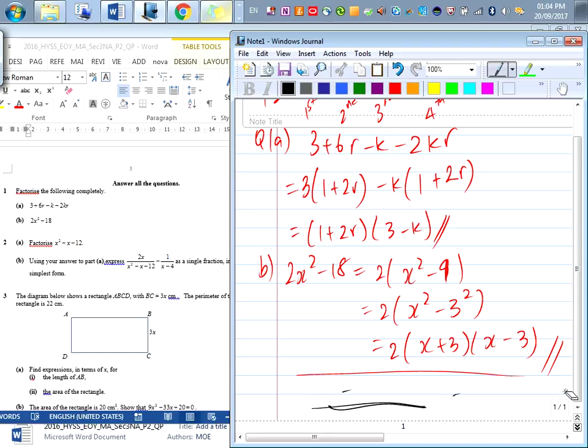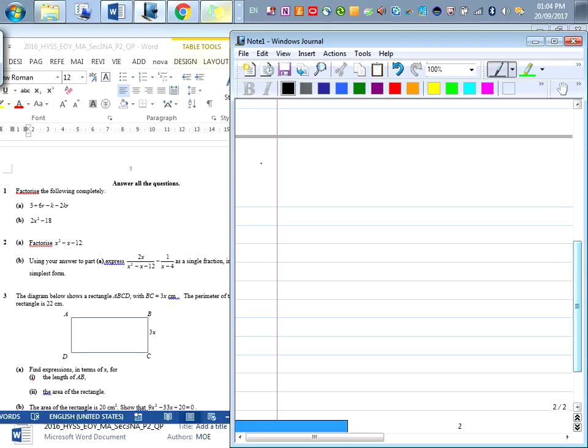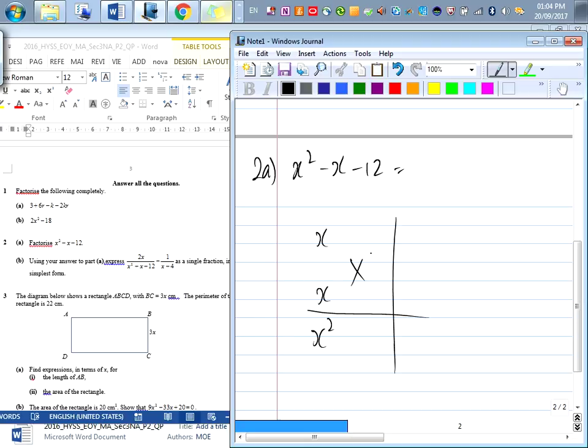The next question is 2a. Factorize x squared minus x minus 12. For this, we need to draw a grid. Over here we get x squared. We are supposed to get negative 12 over here. We are supposed to get negative x.